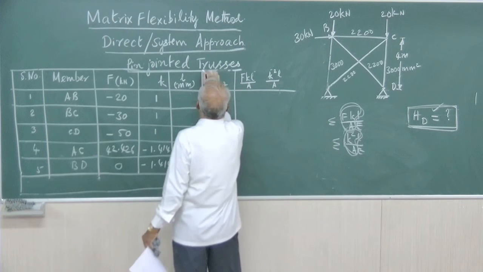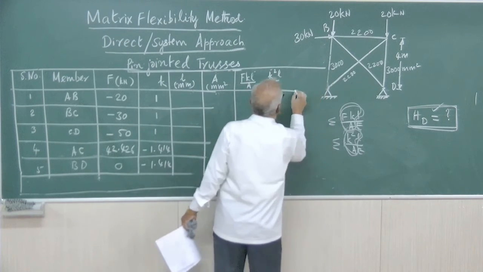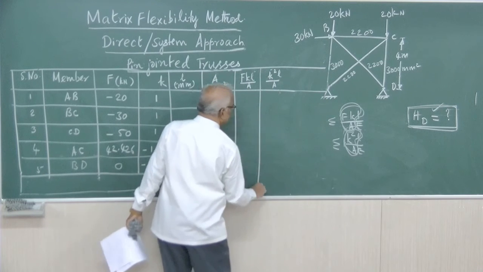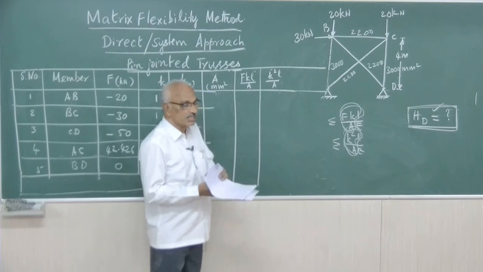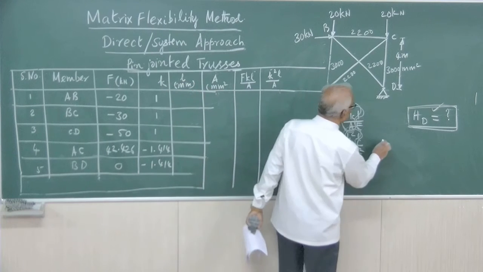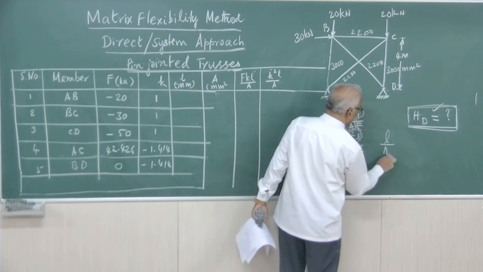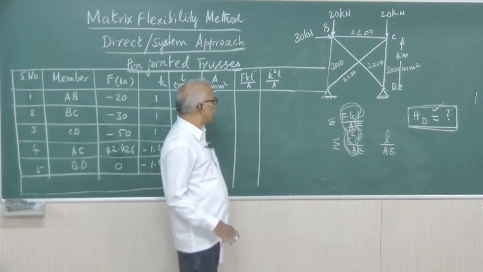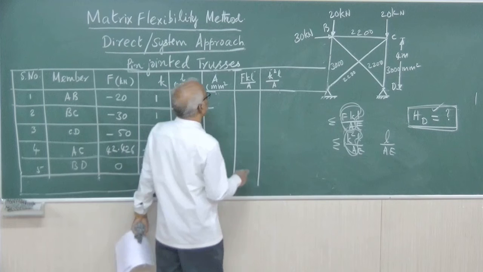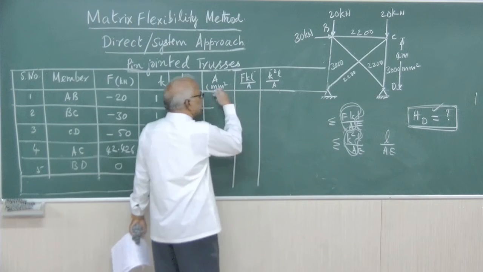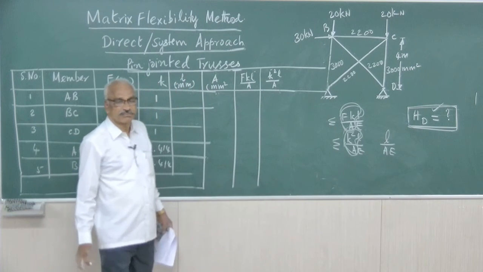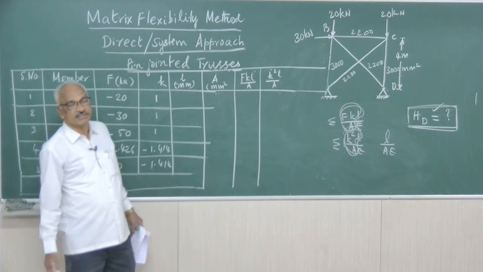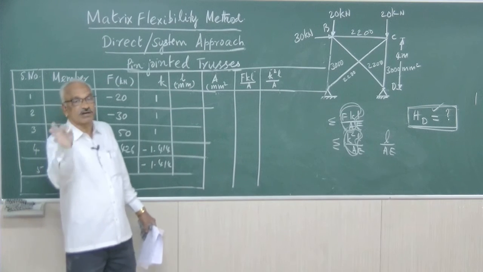Whether a column is required for A or not, whether a column is required for L or not. Because in some other problems they will give L by AE is same for all members. So that means we need not provide L, A, E in the tabulation. Sometimes they will give L by AE equal to unity for all members.